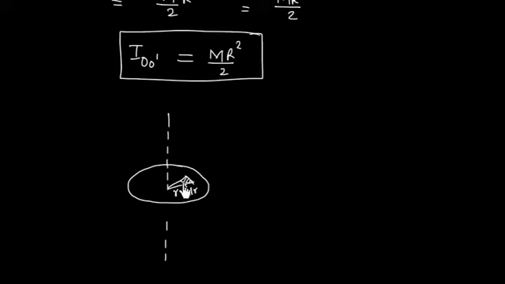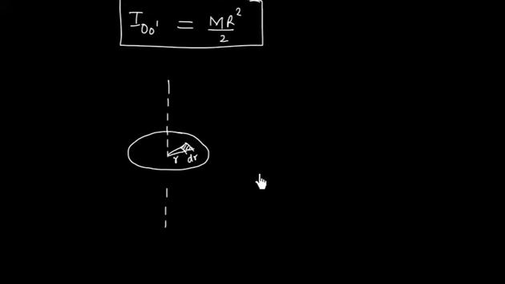Then we can consider this area. If I make this slightly bigger, so we will have, let us say this angle is theta, this angle is d theta, this length is r, and this length is dr.